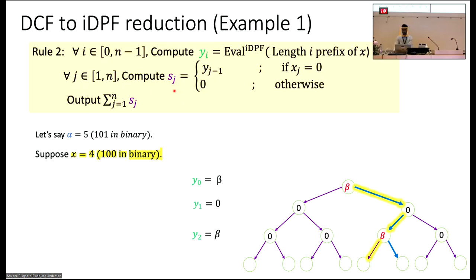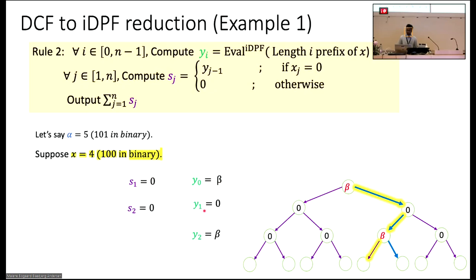Now we compute the purple S values. The first bit of X here is 1, and by this rule, we get S1 equals 0.